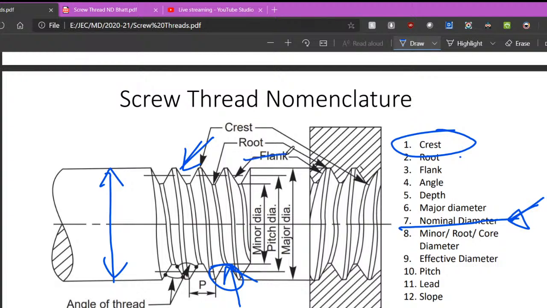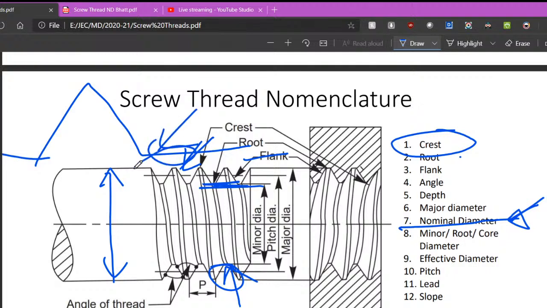See here, this one, the thread is like that. So this becomes your root and this becomes your crest. This becomes your flank side. On the flank, threads apply pressure.